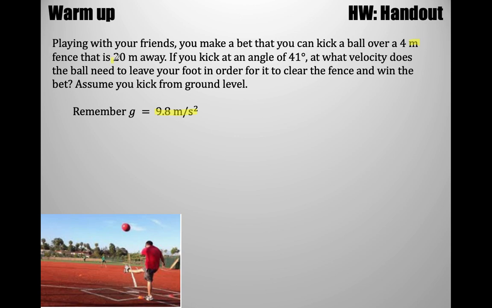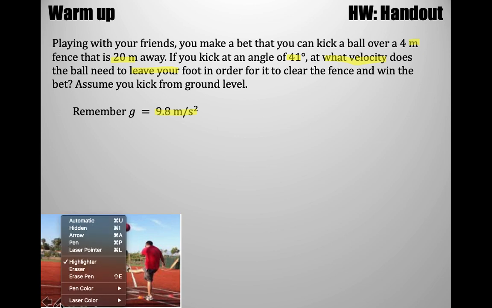And then I have a horizontal distance of 20 meters, I have my angle of 41 degrees, and usually what I'm given is the initial velocity. But they're asking me, what is that initial velocity? What velocity does the ball leave your foot, in order for it to get over the fence and win the bet, assuming I kick from ground level.